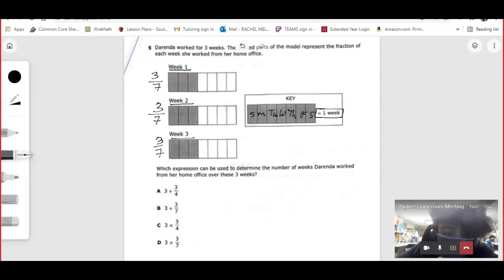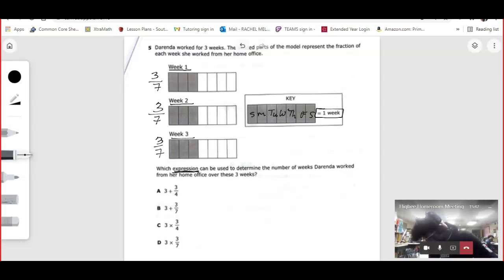Okay, now that we broke down the picture, it says which expression, remember an expression is a number sentence without an equal sign. Okay, so which expression can be used to determine the number of weeks she worked? Okay, so would we say 3 plus 3/4? Okay, someone raise your digital hand and tell me why not.